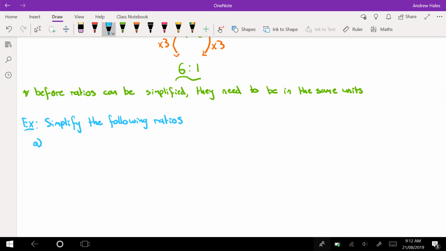So we have simplify the following ratios. A, let's go 7 to 21. So the ratio of 7 to 21 can be simplified by first identifying the highest common factor. The highest common factor between 7 and 21, well, that is just 7. So now I'm going to divide each side by 7.